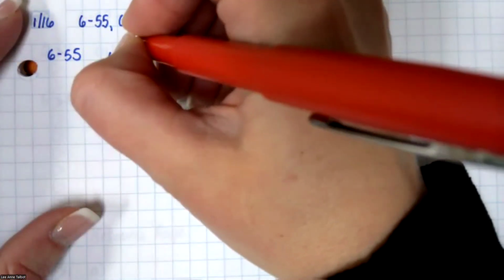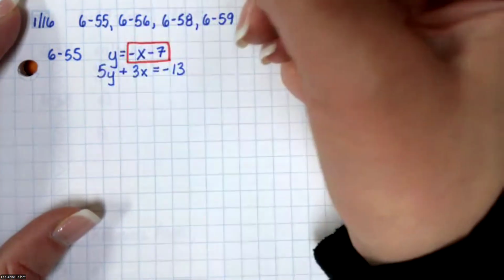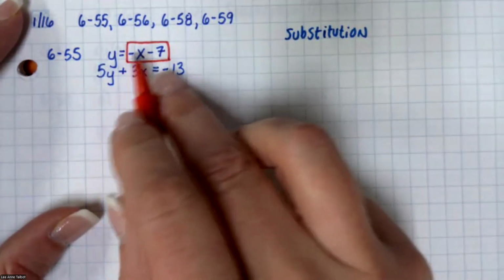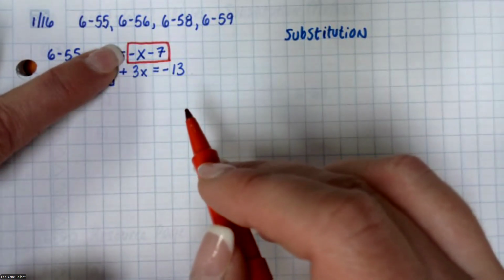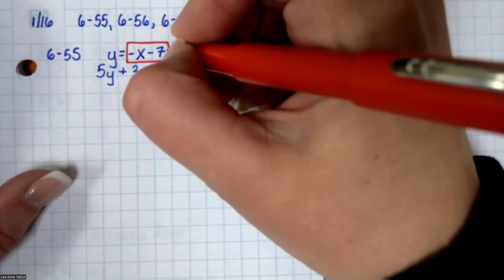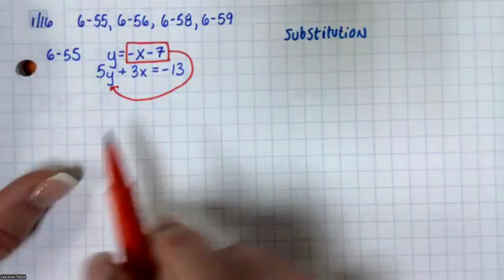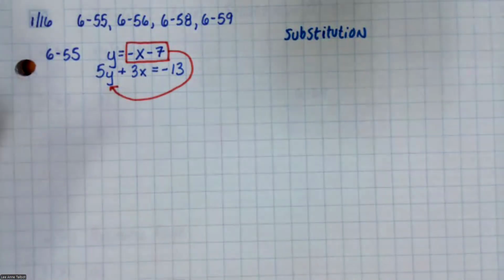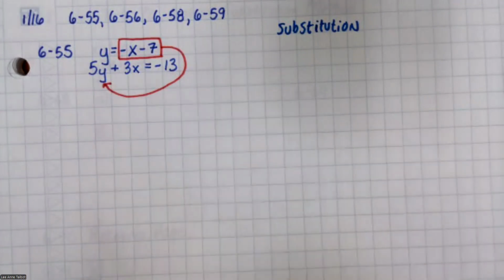You take the part of the equation that's equal to y, and I like to put it in a box. So whatever's after the y equals, I put that in a box. And then I make an arrow to what that equals in the other equation. So y equals this stuff, so I make my arrow to y.